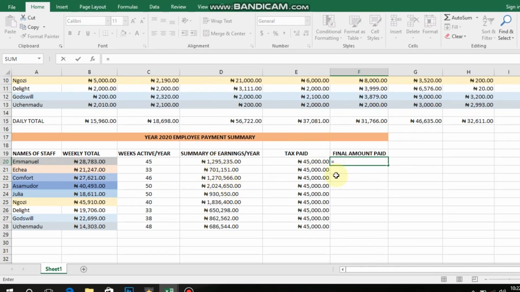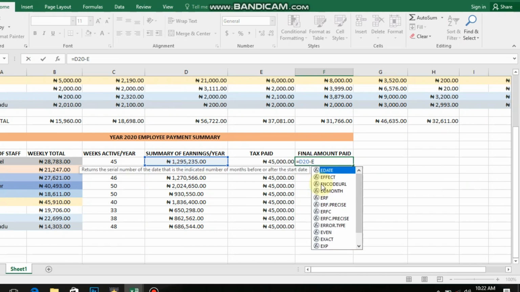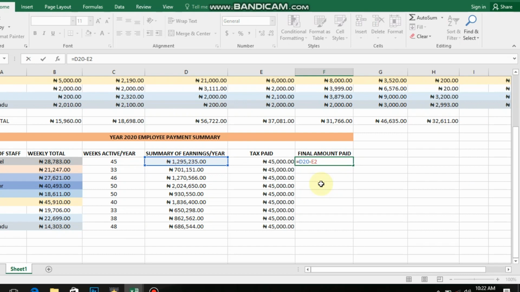So we say equal to D20 minus, and you can see the minus sign we added there, minus E20. That's it.